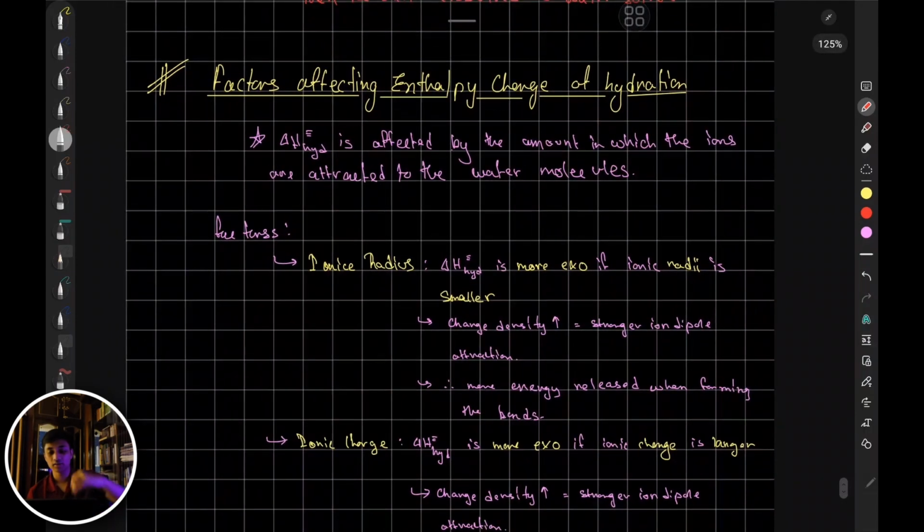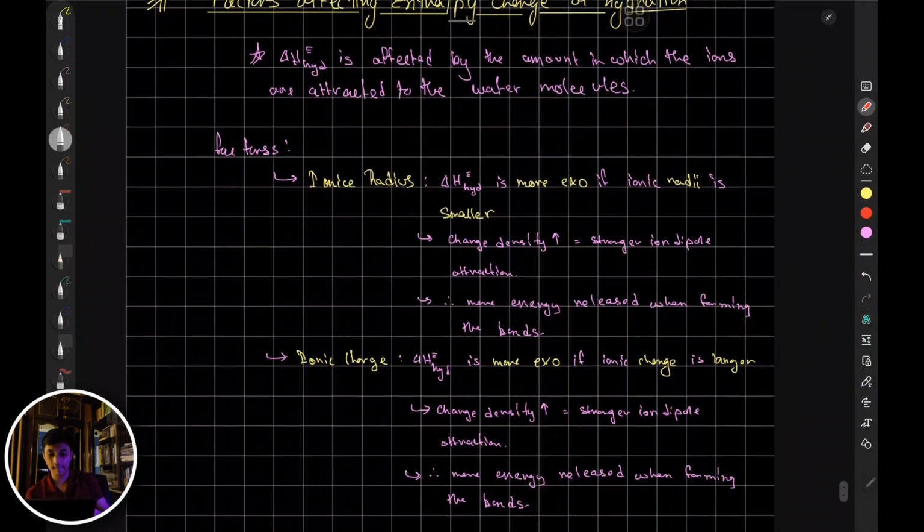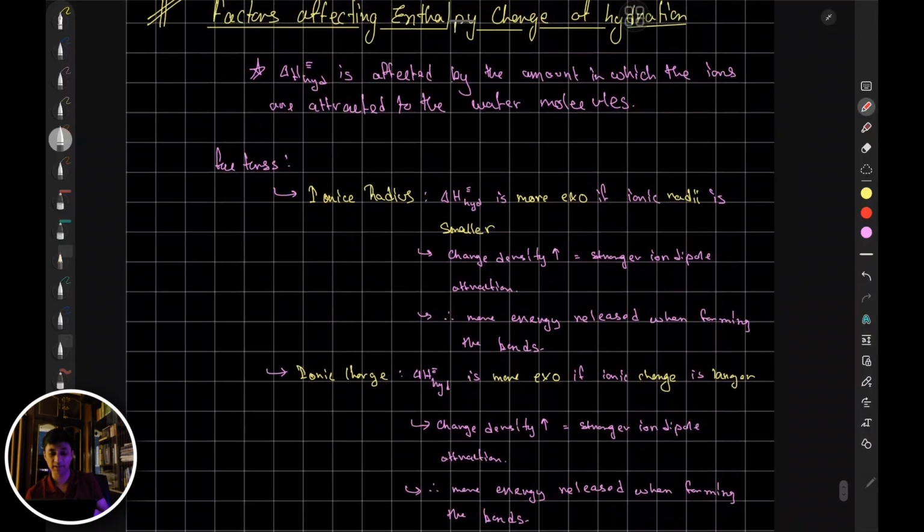Great. So for factors affecting the enthalpy change of hydration, there are the common two factors. One is the ionic radius, and the other is the ionic charge. Right. So for enthalpy change of hydration, what is the factor?